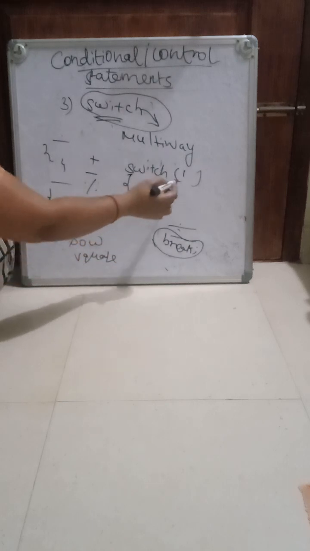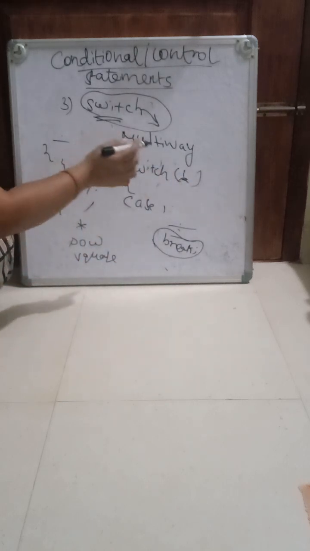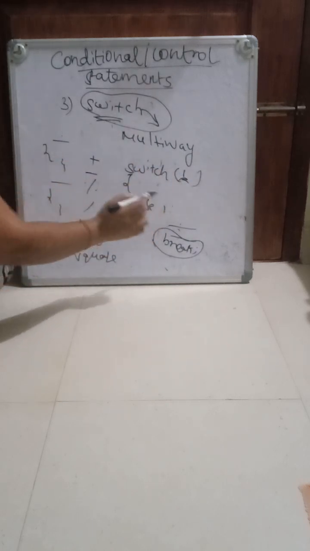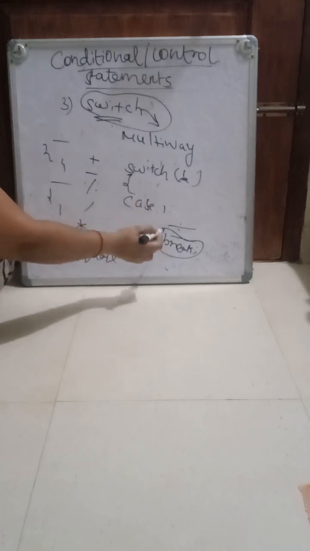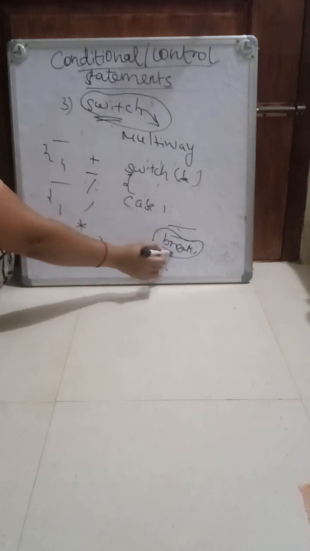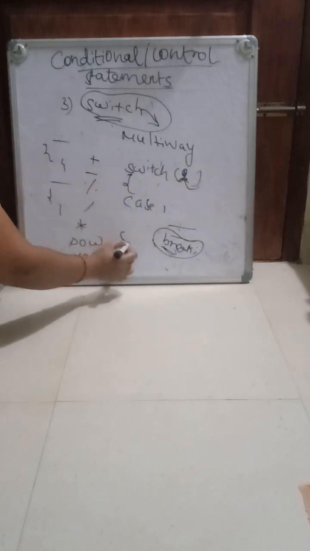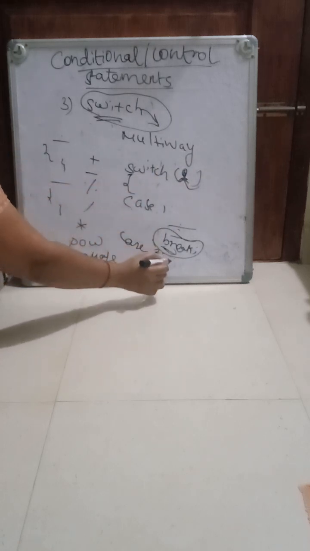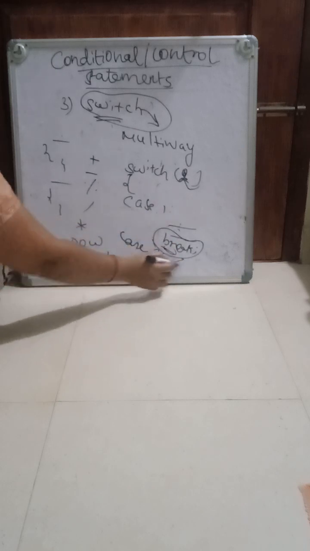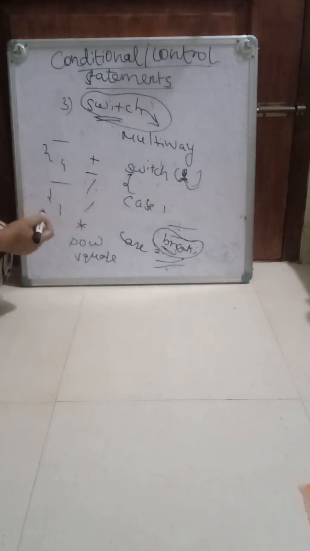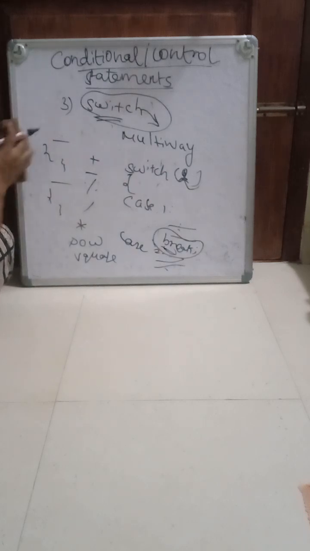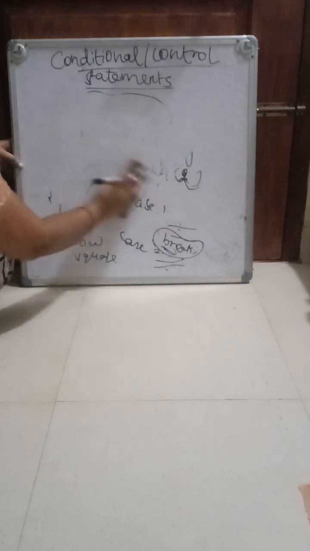So if I give the choice as 1, case 1 will execute, and after the execution it is going to break. If I give the case as 2, in case 2 I have given some other operation, such as subtraction, and again I have to give the break statement. So this is called multi-way branching using the switch statement.